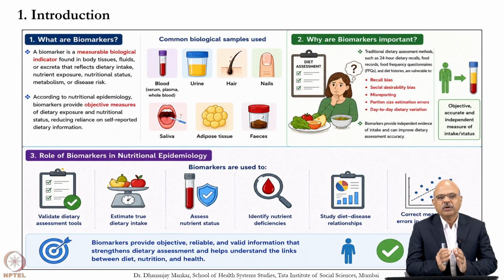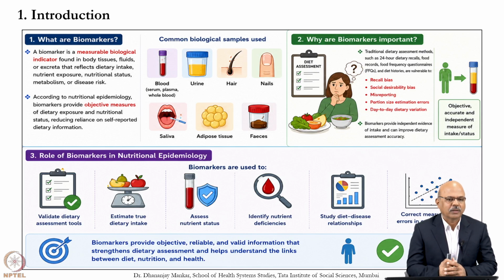In nutritional epidemiology, biomarkers provide objective measures of dietary exposure and nutritional status, reducing the reliance on self-reported dietary information. So there is an objective component here, which is very important, because whatever is being reported will give you exact information.